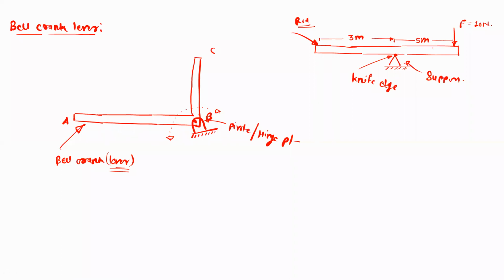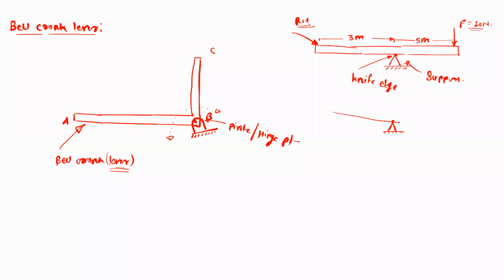So what is the effect of this lever arrangement? So this is called one lever arrangement, okay, where a rod is supported by using one knife edge. So the use of this knife edge is we can tilt or rotate this rod on this knife edge, okay. So when you apply the force 10 Newton on this side, because of that 10 Newton, the complete rod will rotate on this knife edge.